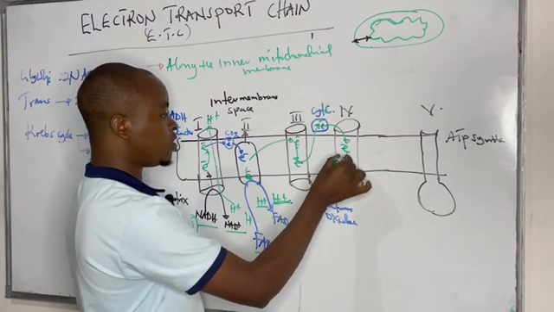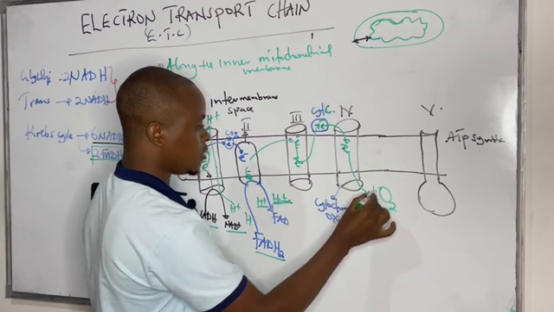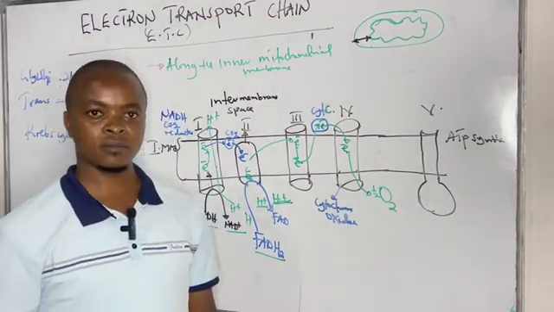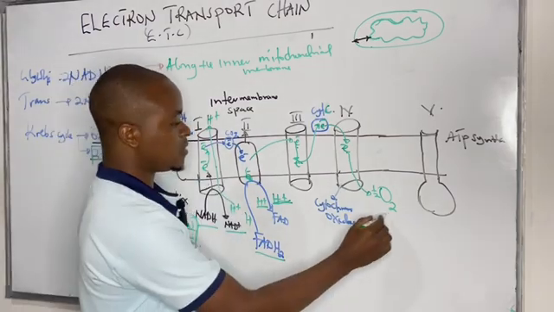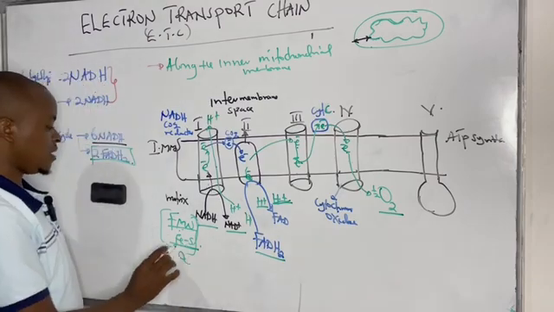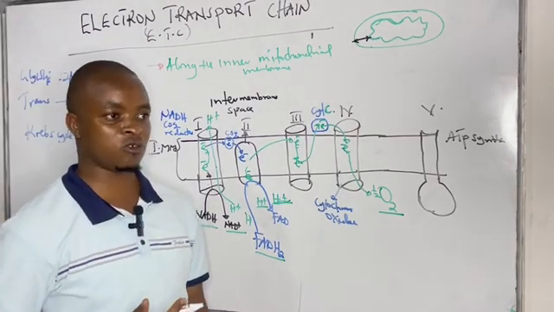And this complex 4 passes them over to oxygen. And oxygen is known as the last electron acceptor.